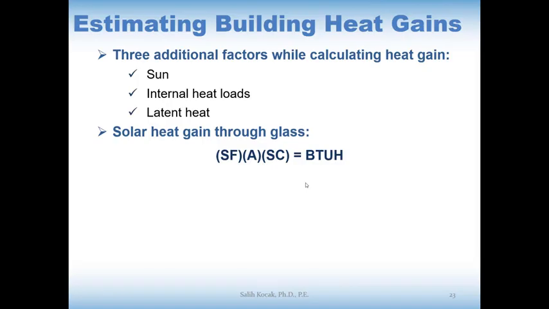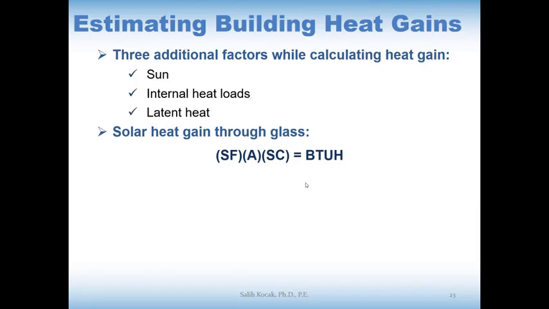Area is A, solar factor is SF, and SC is the solar shading coefficient. There are different types of windows, and those different types of windows provide different U values, and since they have different U values, the shading coefficient is different for them also.